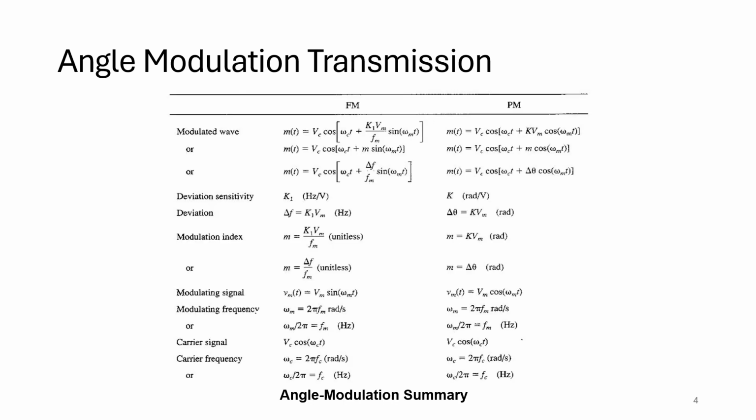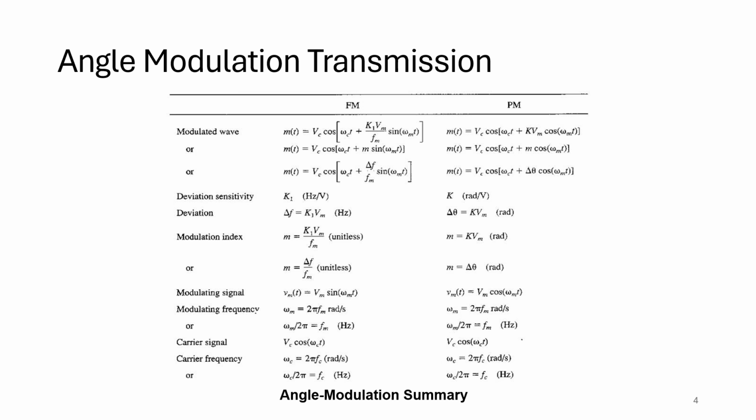Here we have the angle modulation summary, comparing FM and PM. We have the equation for the modulated wave, their deviation sensitivity, and their deviation: frequency deviation for FM and phase deviation for PM. Then the definition of their modulation index.